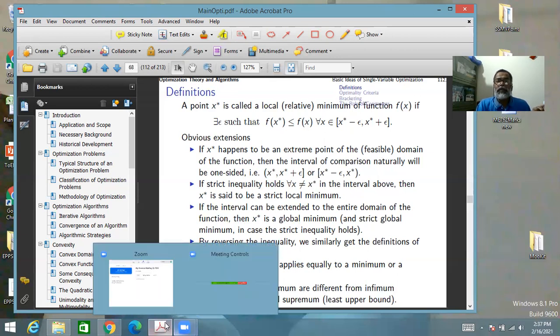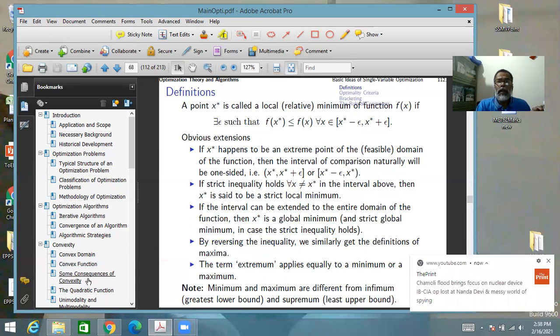For example, if x star happens to be the lower limit of the domain, then for this to be a minimum point, it is enough that on the right side, all other points are equal or worse.